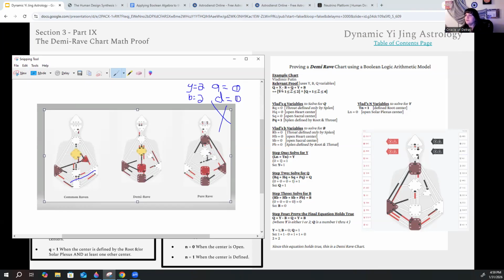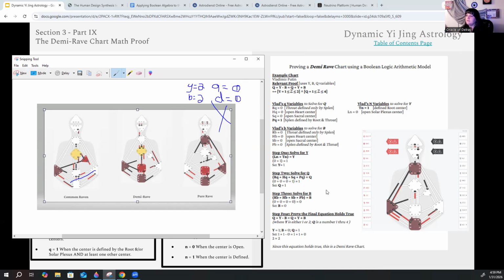So you want these two to have something and then B to be nothing. He has nothing just defined by root or solar plexus. That's the B variable, so his B is 0. His Q variable, he has something defined by the root and then also by the throat. So that's a Q of 1.